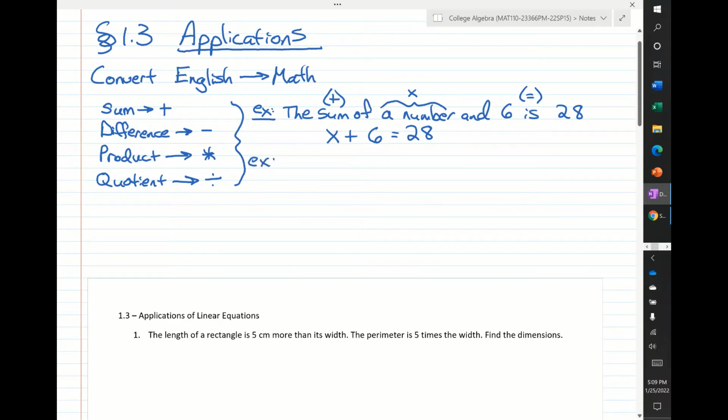One other example from this topic, what people tend to get a little confused about, is if I ask you for the difference where 3 less than a number is 8.